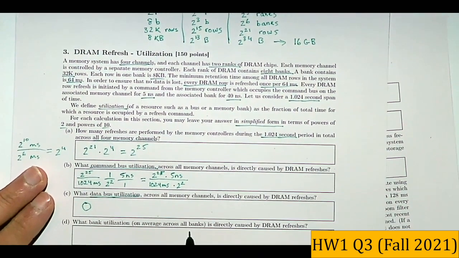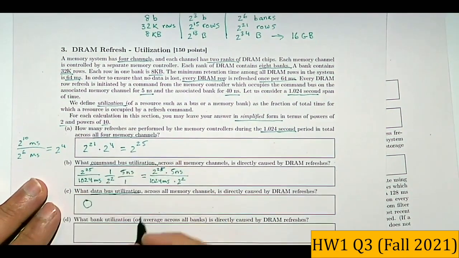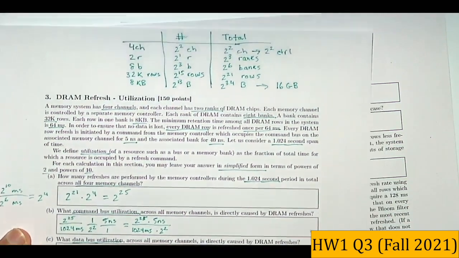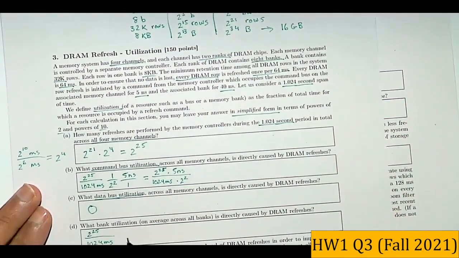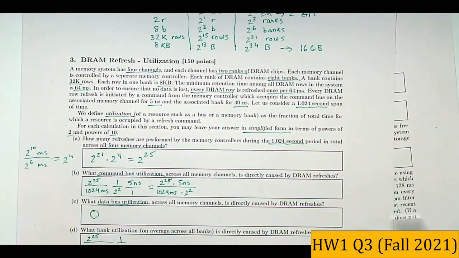And here, if we're asking about banks, we want to figure out the number of refreshes per bank, right? And so we can start off with our same ratio because this is what's happening in the system. So we have 2 to the 25 refreshes per 1024 milliseconds. And so if we're asking about per bank, here we figured out that there are 2 to the 6 banks in the entire system, right? So we want to divide this number by 2 to the 6. And so this is the number of refreshes that go to a particular bank in this time period.